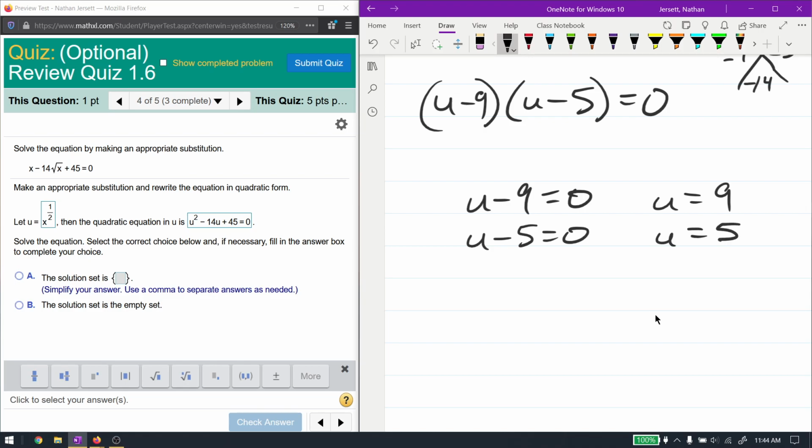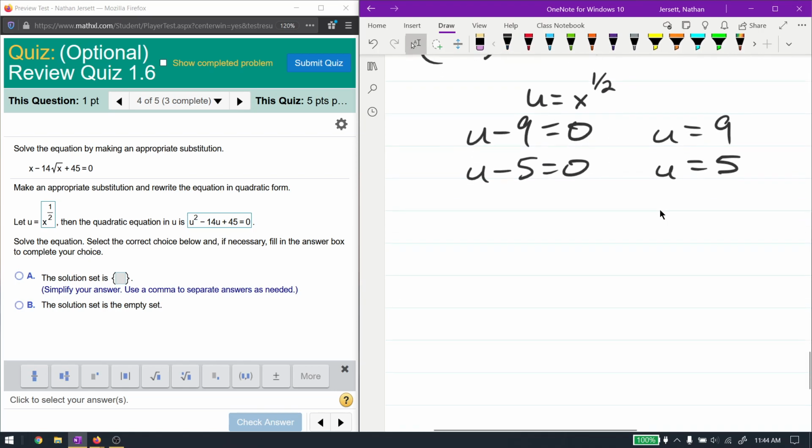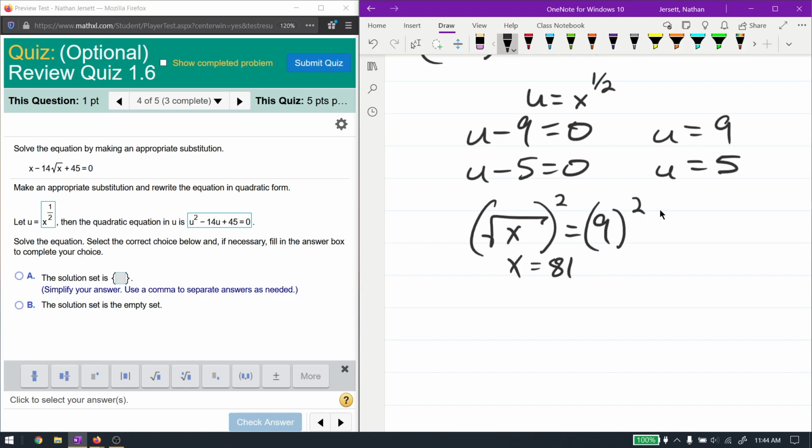But of course, that wasn't what we originally started with. We started with x, and u equals x to the 1/2 power. So x to the 1/2 power equals 9. That's the same thing as saying the square root of x equals 9. So to solve it, all I have to do is square it. So x equals 81.